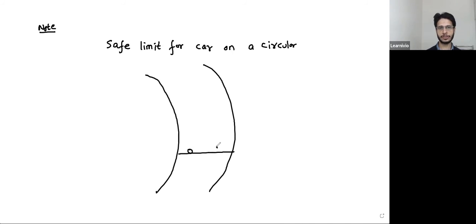Let's say I take a circular turn. This is the car over the circular turn. This car is rolling on the circular turn. And I say on this circular turn, the speed limit is, let's say, 100 km per hour. This is the speed limit.